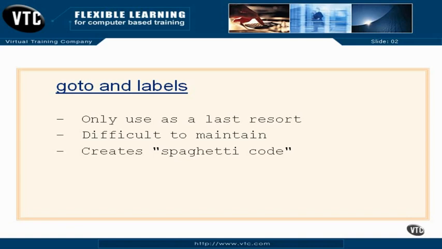It should only be used as a last resort if you can't figure out a better way to code the thing. And I guarantee you that there is a better way to code the situation you're in without using a goto. The gotos are difficult to maintain because they cause jumps to occur right in the middle of your code.